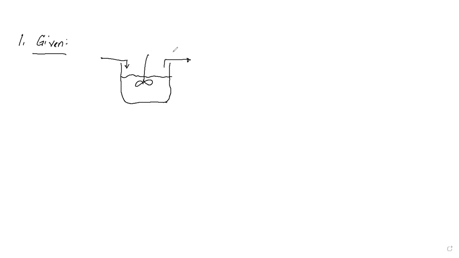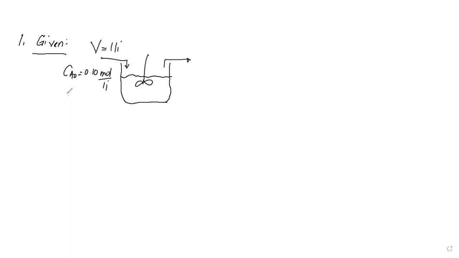So 1 liter per minute of liquid containing A and B. So this volume is 1 liter. Now the initial concentration is 0.10 mole per liter.